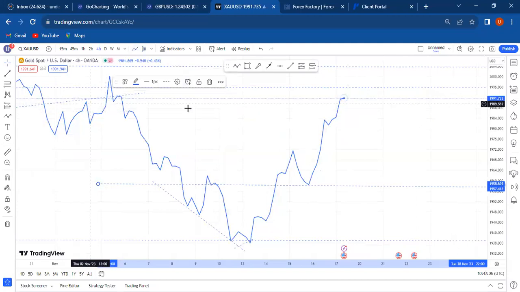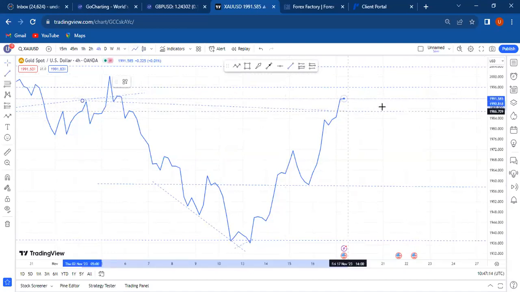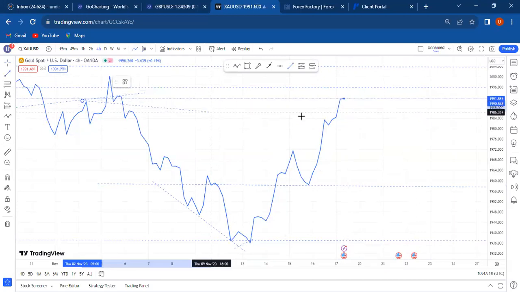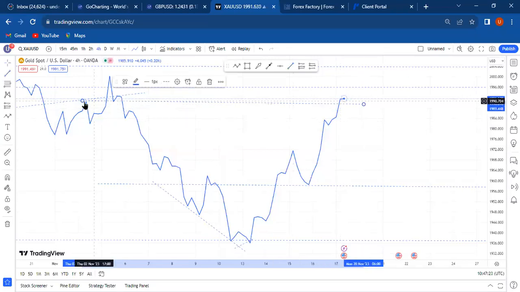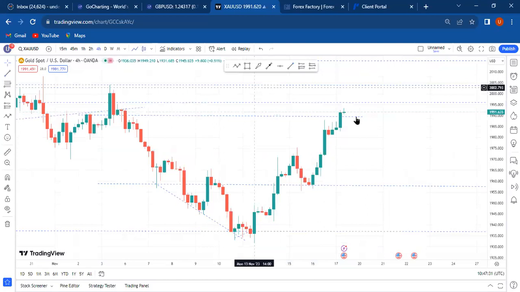Let me see a 4 hours time frame. I drew this, price has broken through this. So there is this line here. Look at this level, support become resistance area here, right? So support become resistance area here. So I change it to candlesticks.